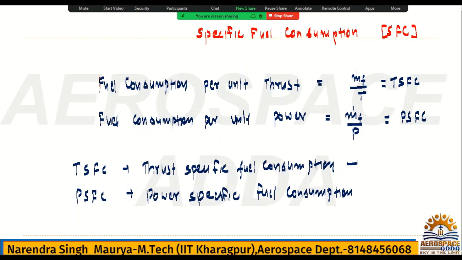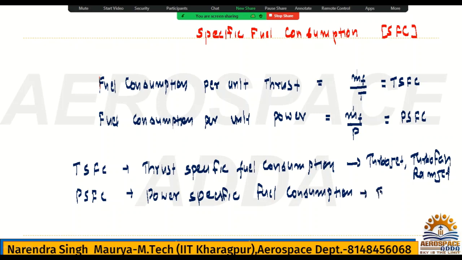Obviously, thrust producing engines are what? Turbojet, turbofan, ramjet. Power producing engines are what? Turboprop, turboshaft. All right. So now it is very clear.